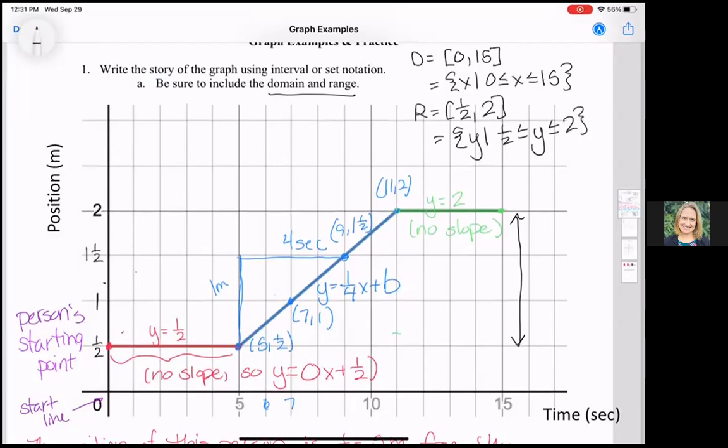And so that's just practice of reading across for the domain from the starting point to the ending point. And then our range is all of the y's that come out from top to bottom. So the domain you look across, the range you look up and down. And either your set notation or your interval notation, whichever notation way you like better, works for me.